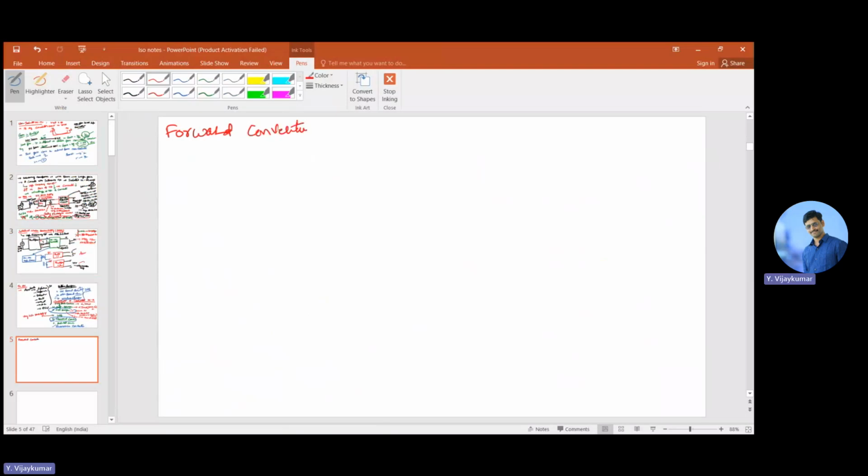Okay. So these forward converters are quite like buck converters. It's quite like a buck converter. So I'll take the buck converter circuit to show how we brought up the forward converter from the buck.